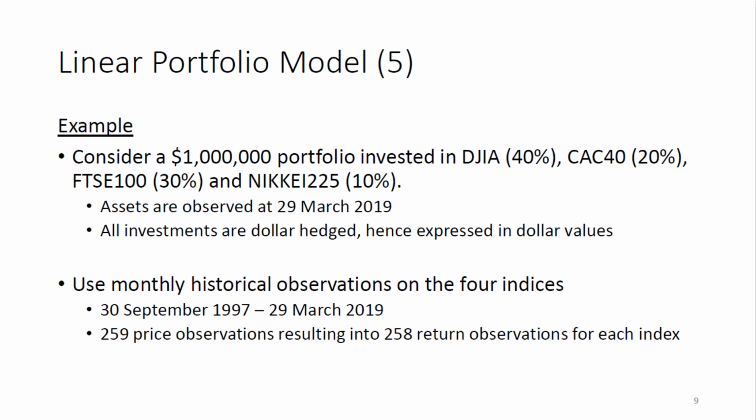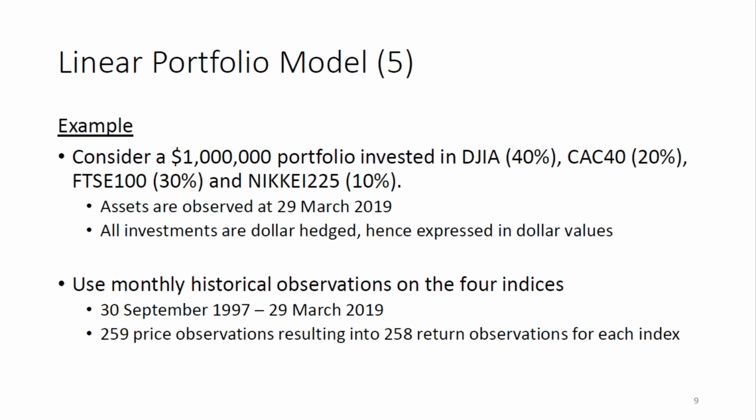Because these indices are listed in different jurisdictions, in different countries, different currencies apply, and in order to put them in a portfolio context, we first have to make sure that we denote them all in the same currency. So we assume that the investor is interested in a dollar return, which means that all the currency risk has been hedged, so that we can express everything in dollar values.